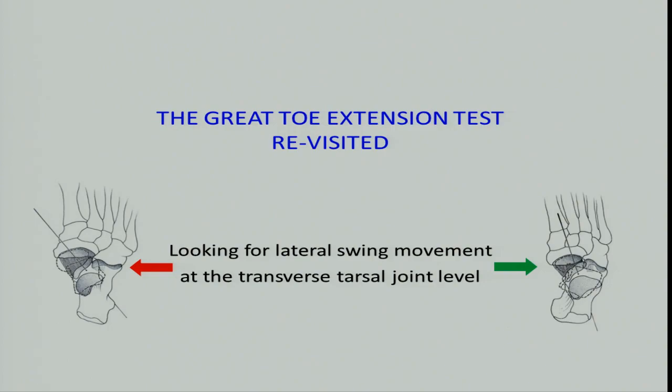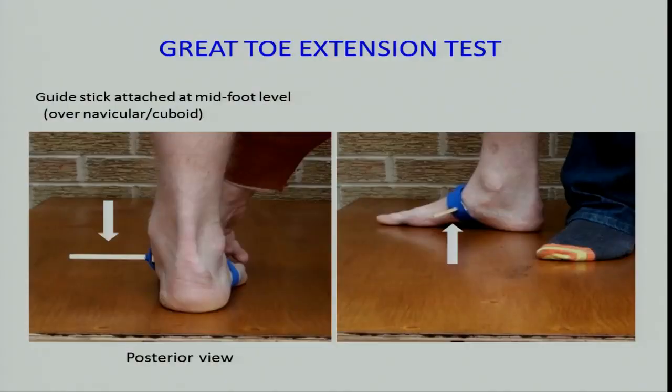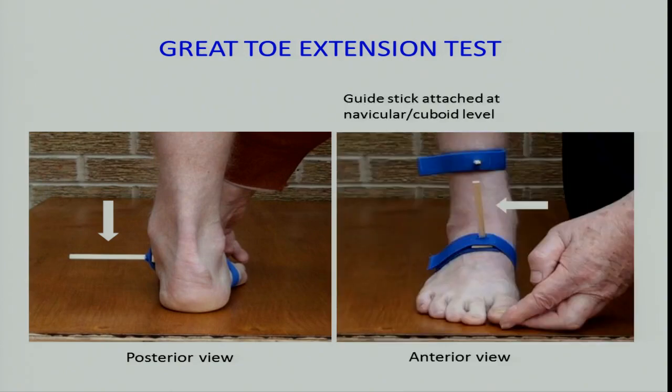And then we did the great toe extension test, and this was an absolute revelation to me. We put sticks at the mid-tarsal area, and for the posterior view we had them sticking sideways so you could see them from behind. And for the anterior view, the stick was pointing up vertically, and it was seen in relationship to a stick on the front of the tibia.